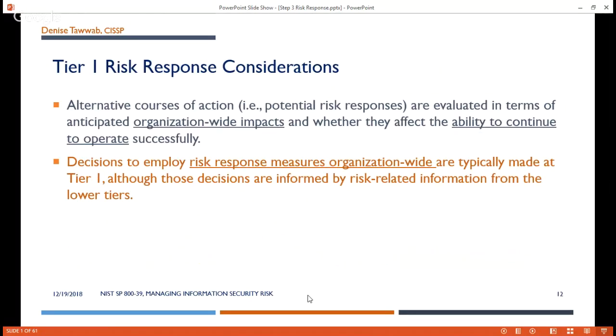Alternative courses of action or potential risk responses are evaluated again in terms of the anticipated organization wide impacts and whether they affect the organization's ability to continue to operate successfully. Decisions to employ risk response measures organization wide, again, are typically made at Tier 1, although these decisions are informed by risk related information from the lower tiers.